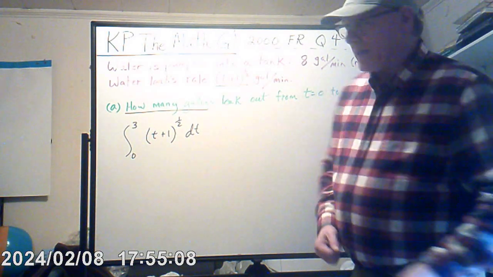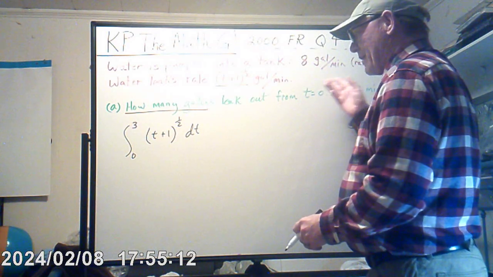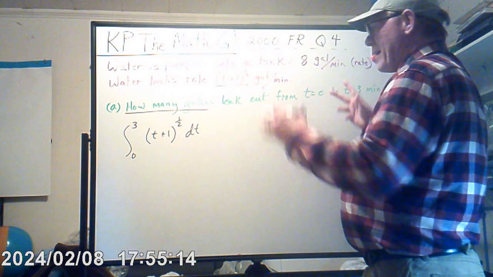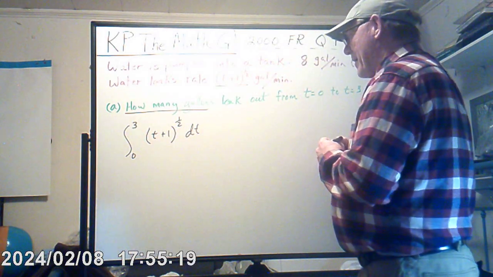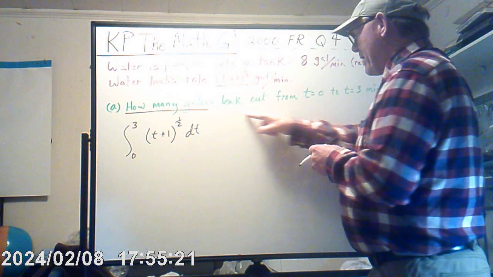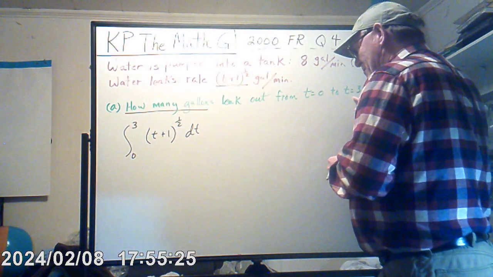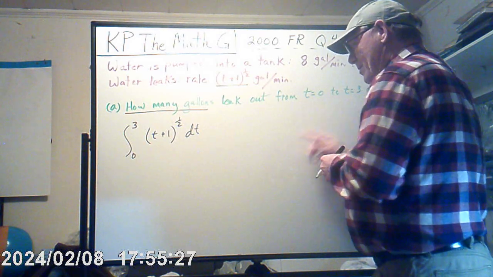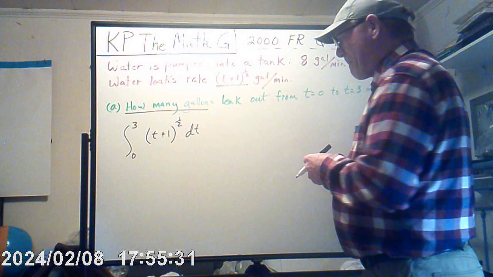Oh yeah, by the way, we'll look at this later, but the tank already has 30 gallons of water, which we're not interested in right now. How many gallons leak out from time t equals 0 to t equals 3 minutes? That's what we're looking at here. That's the way to set this up.